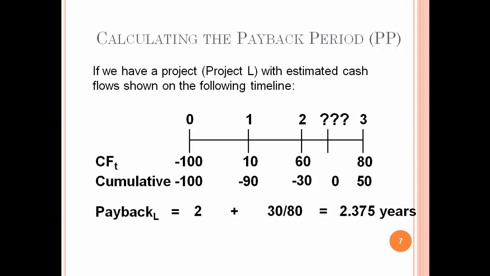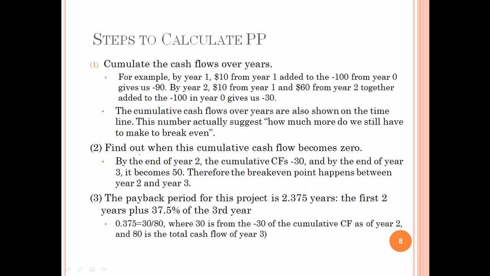So for example, by year 2, if we add up year 0, year 1, and year 2, the total is a negative 30. That means we have $30 more to make to break even, or say we make enough money to recover our initial investment of $100. Now step 2 is to find out when this cumulative cash flow becomes 0.